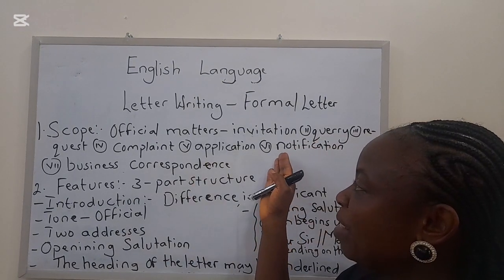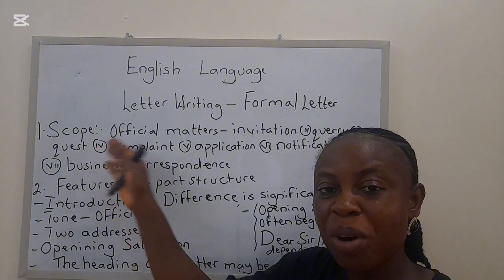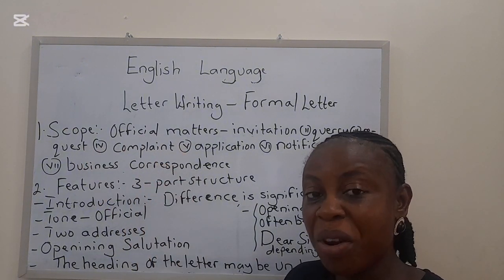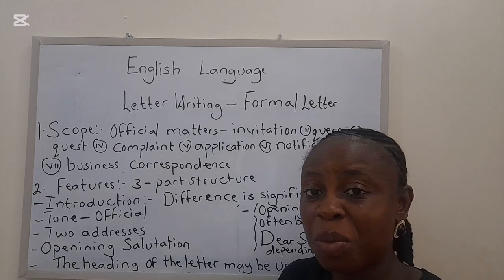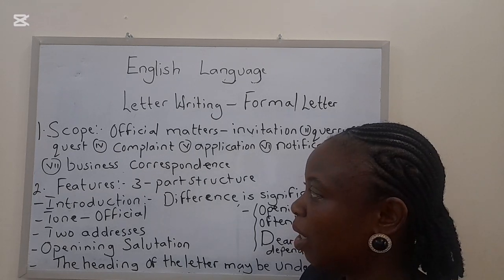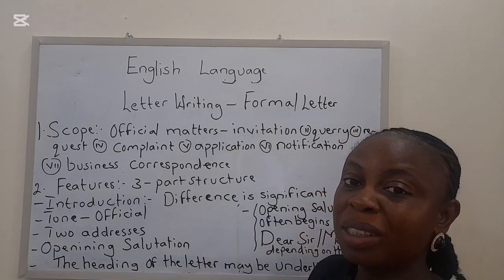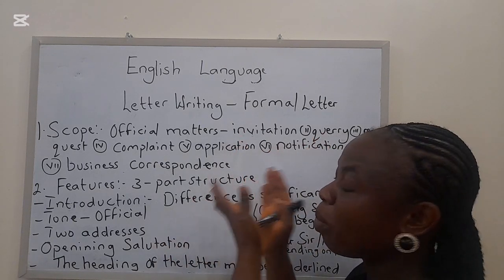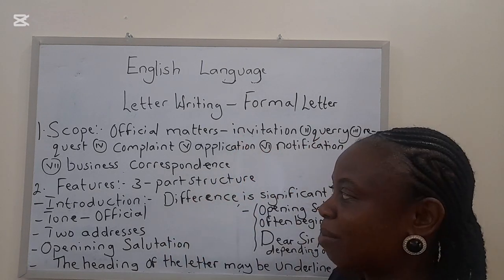These categories fall under the scope of official matters. You talk of query at work, you talk of business correspondence, and the likes. So when we are talking about formal letter, we are talking about scope of official matters.